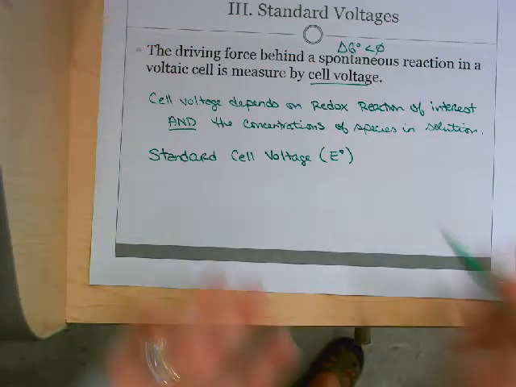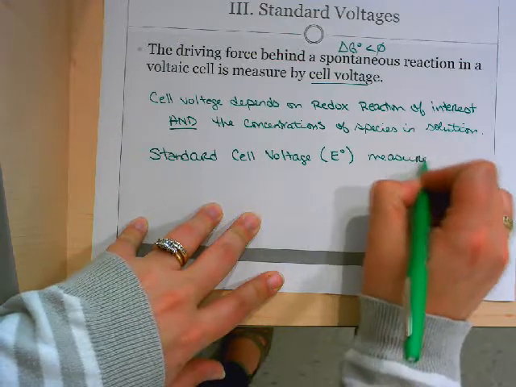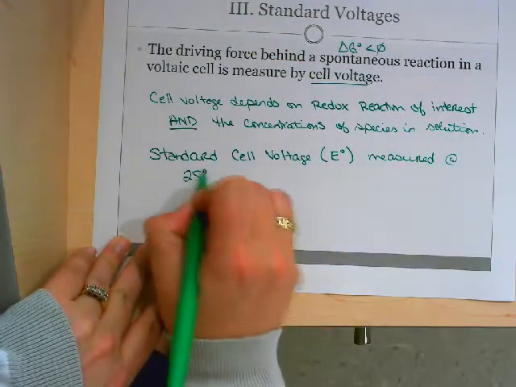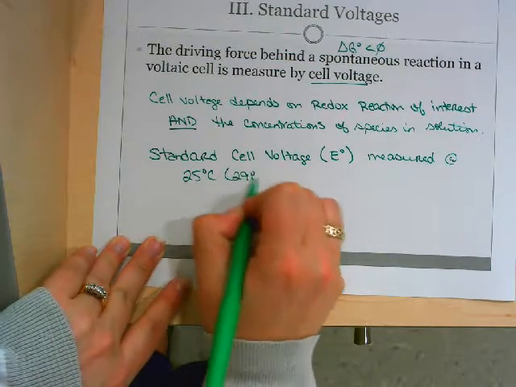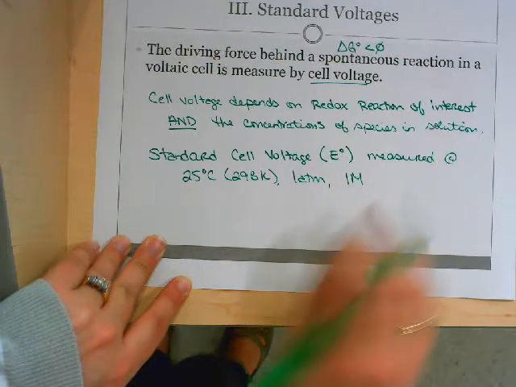In this case, standard cell voltage is measured at 25 degrees Celsius, right, 298 Kelvin, 1 atmosphere, 1 molar.